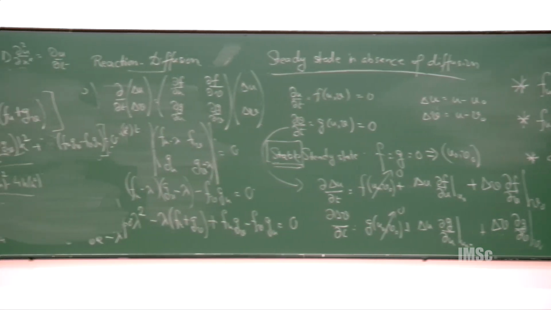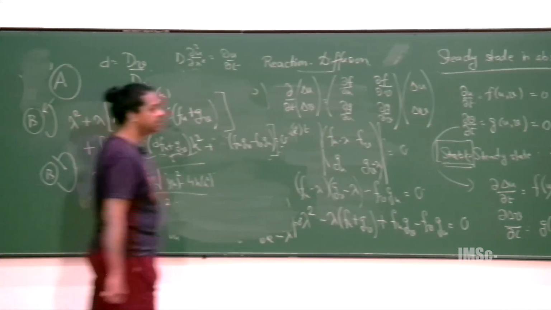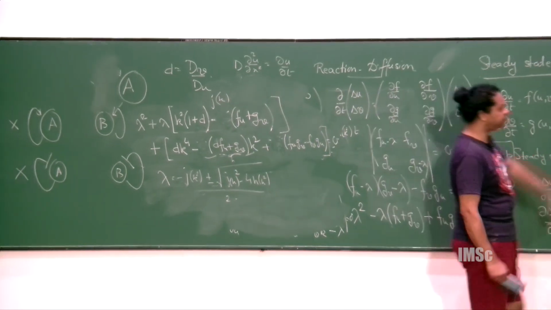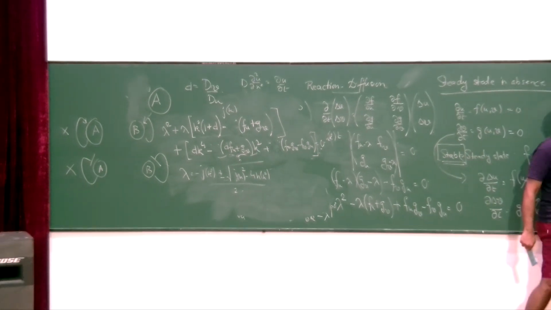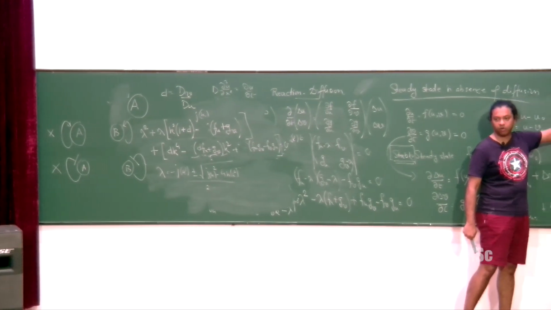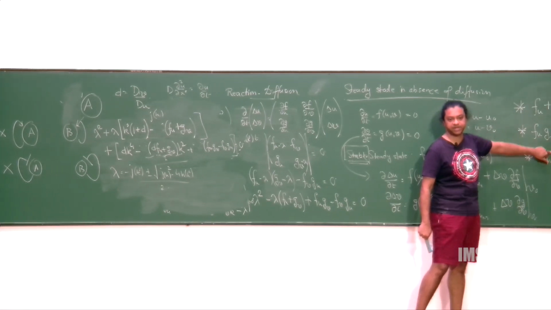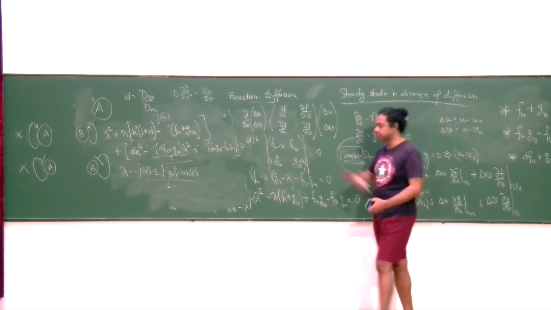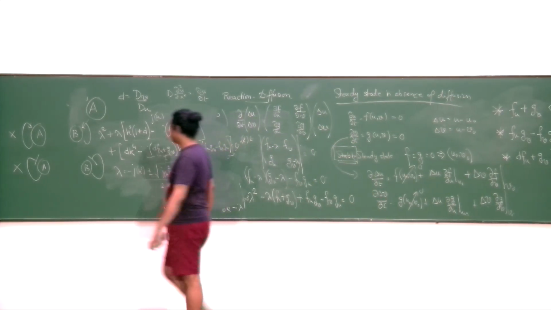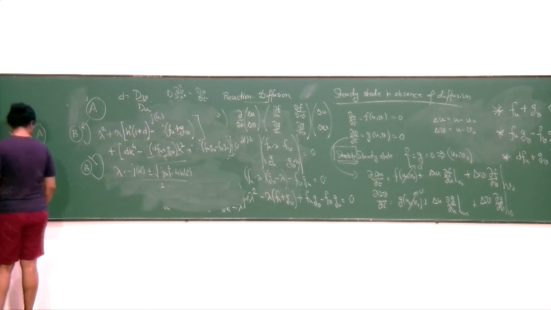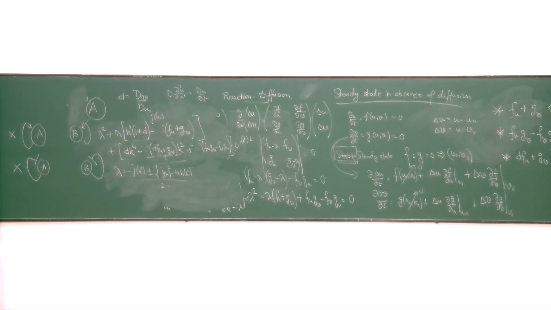In fact, if you have to satisfy these two simultaneously, fu and gv necessarily must have opposite signs. One of them must be positive, the other one must be negative. It does not matter which is which, but you must have a network like this.